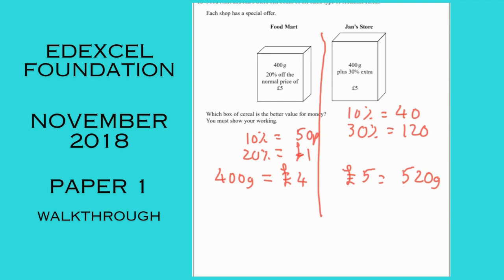So over on the Food Mart, let's divide everything by 4, because then we can see what our £1 buys us. On Jan's store, divide by 5. 500 divided by 5 is 100. 20 divided by 5 is 4. So as you can see, for your pound, you get slightly more in Jan's store. Which box of cereal is best value for money?